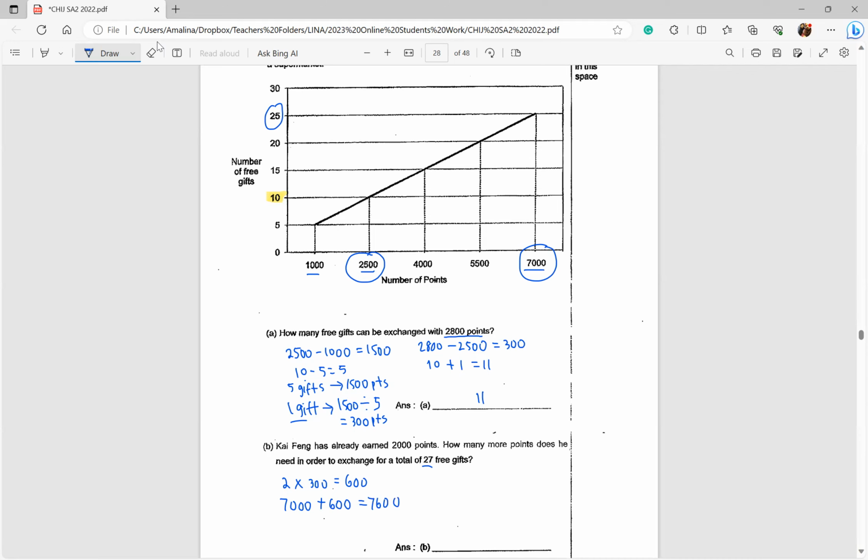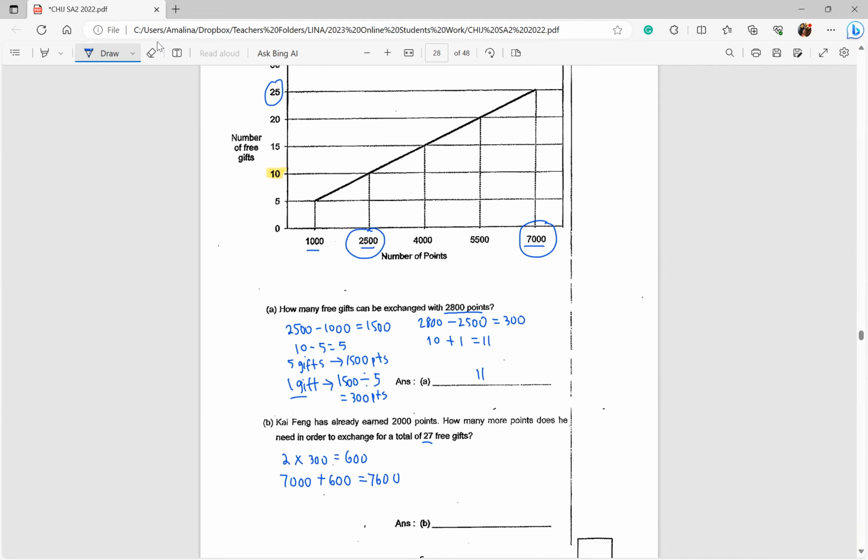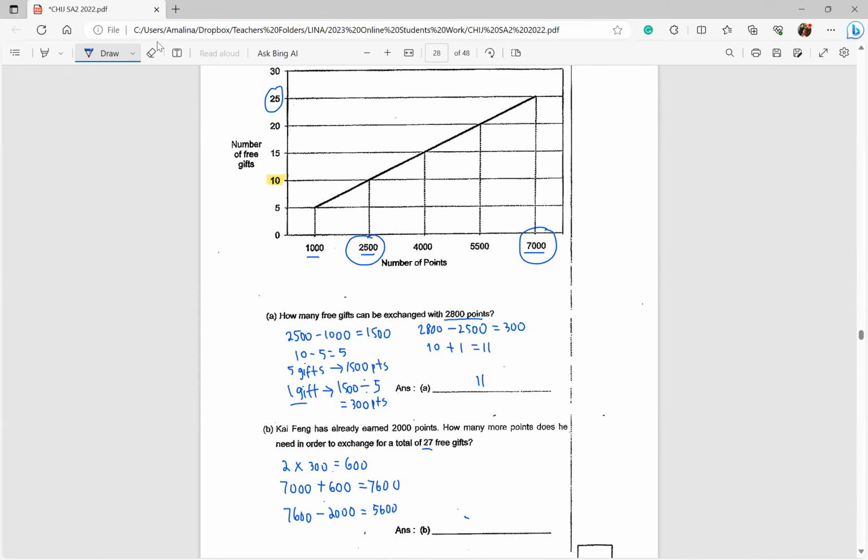Then to find how many more points you need in order to exchange, I take 7,600 minus 2,000 points. So I need 5,600 points more. That's the answer for part B.